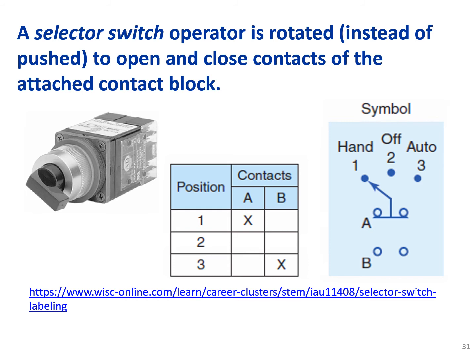On position 3, contact B is closed, and on position 2, in this specific case, none of them are closed. They are used mostly for on-off-auto or hand-off-auto positions on machines.